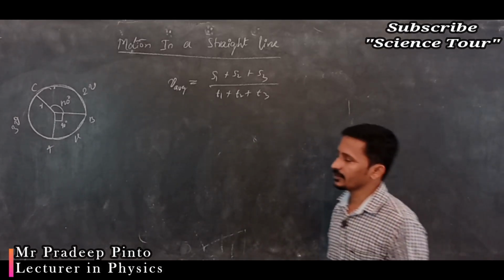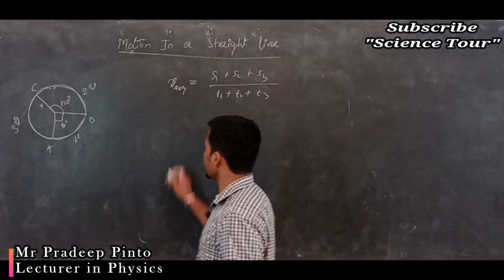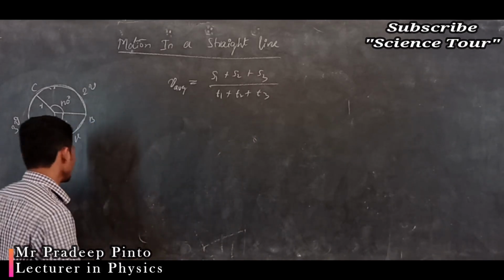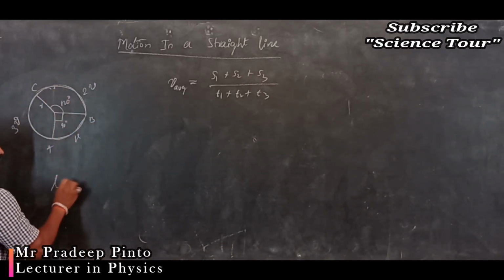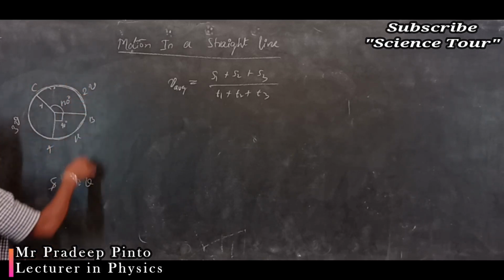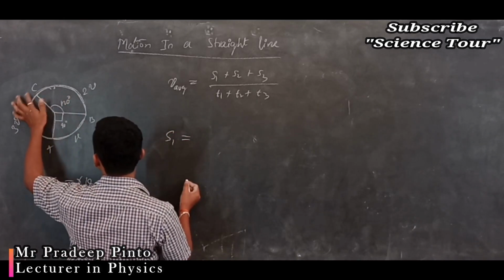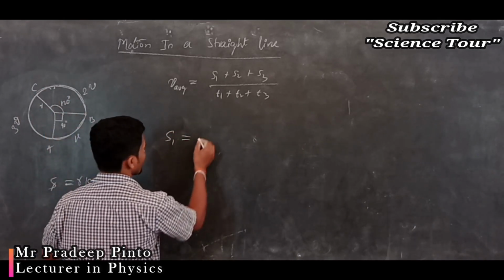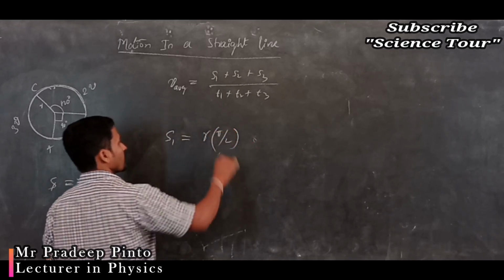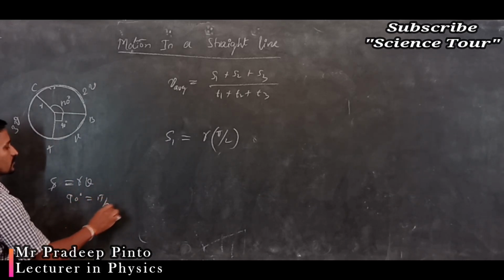Now different velocities, different distances. At first we will write down S1. The formula we have to know is the circumference: S is equal to r theta. Here S1 is r into theta, where theta is pi by 2, since 90 degrees means pi by 2.